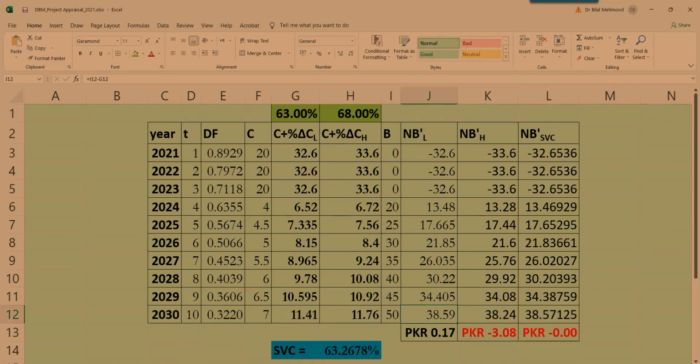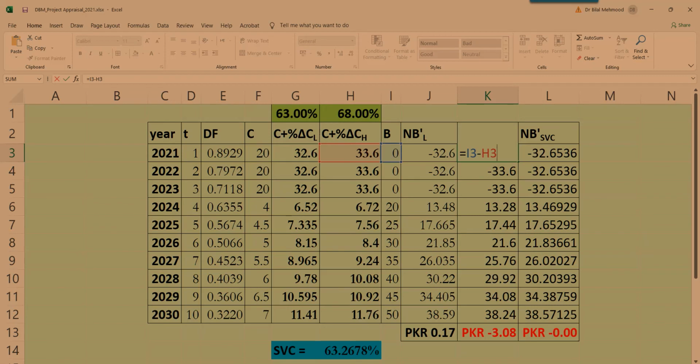This gives us that net benefit set in which the difference is taken between the original benefit and the lower increase possibility. Here this set of values is the difference of the original benefits and the percentage increase in the cost, which is the higher percentage, which is 68%. So this will be the new value of the cost after 68%.